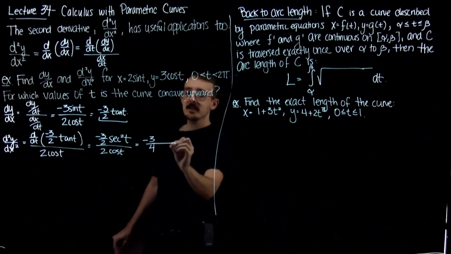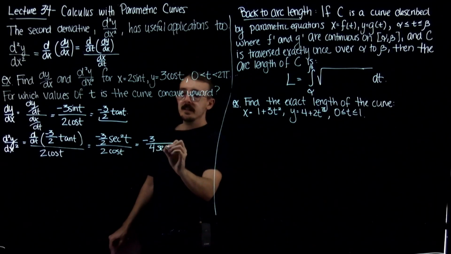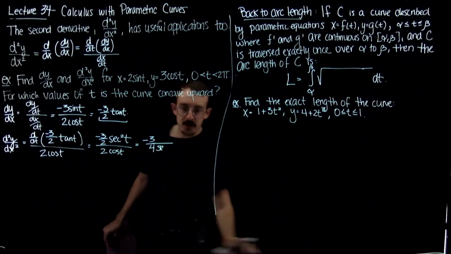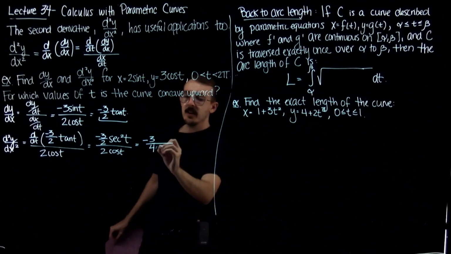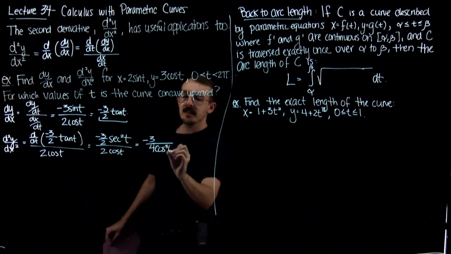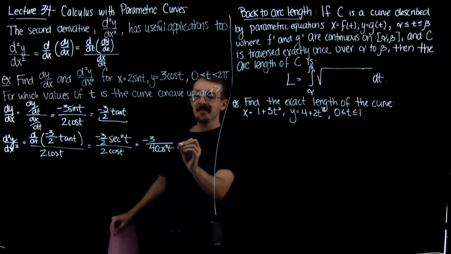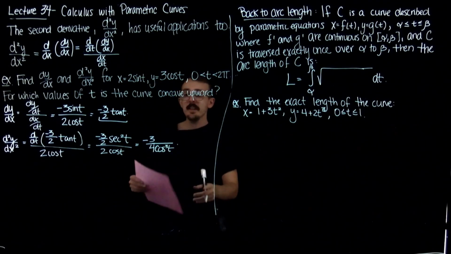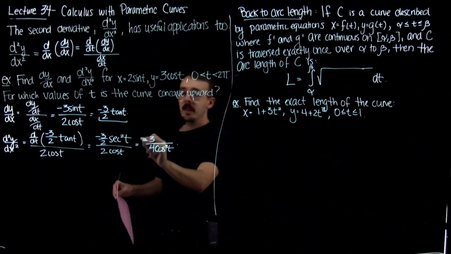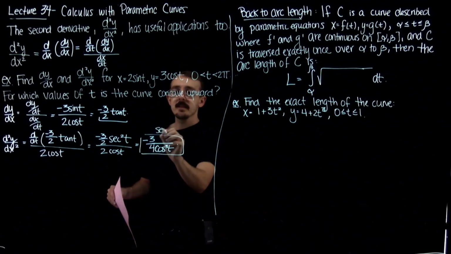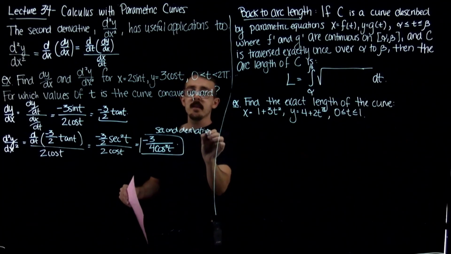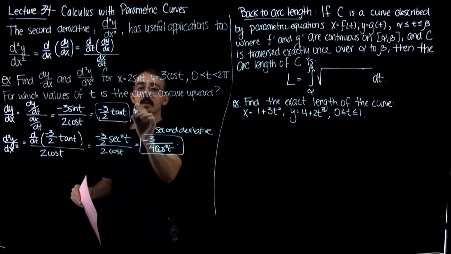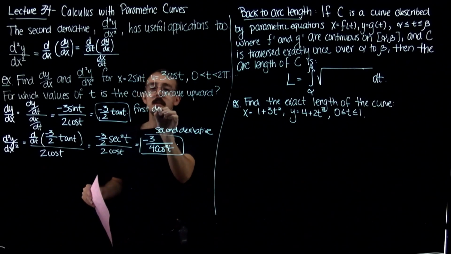So this is the same thing as negative 3 over 4 cosine cubed, with cosine cubed now in the denominator because I've moved these secants down here. So this is the second derivative, and this right here is my first derivative.